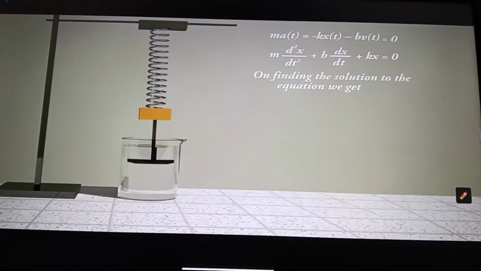On finding the solution to the equation, we get x(t) is equal to A e raised to the power minus bt upon 2m cos of omega prime t plus phi.